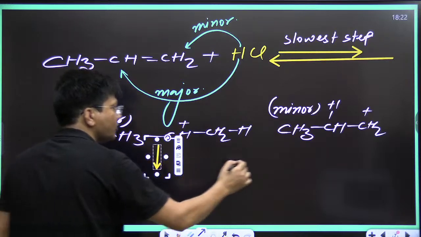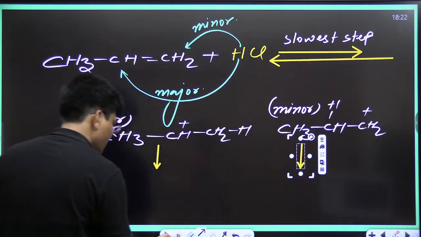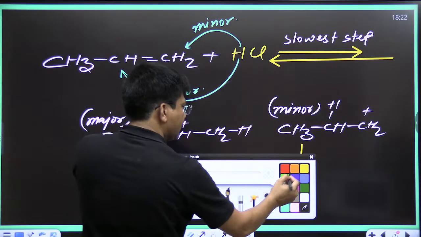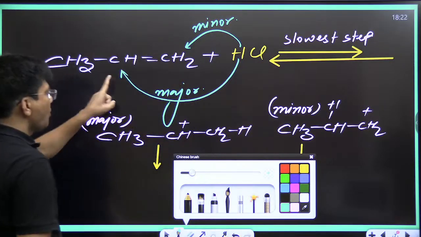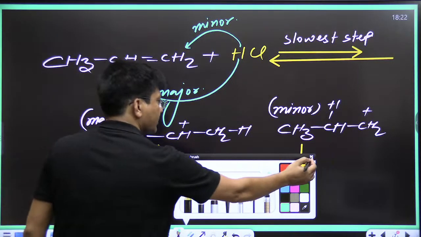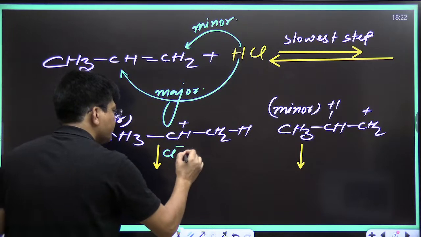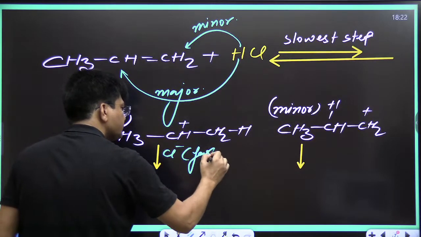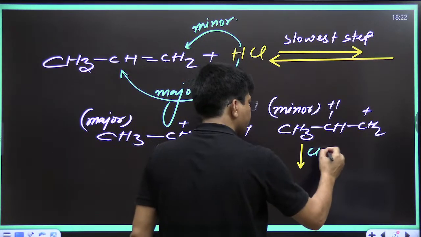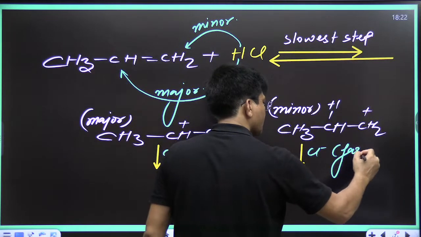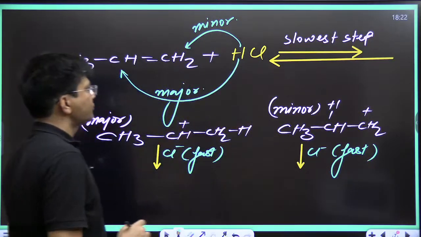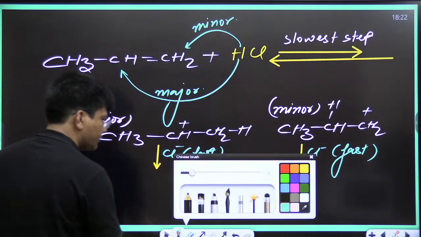Now this is going to be the first step, the chloride negative, because the rearrangement is not going to take place. Already the stable carbocation is there. So chloride negative, first step. Now what products are you going to get, my dear students?